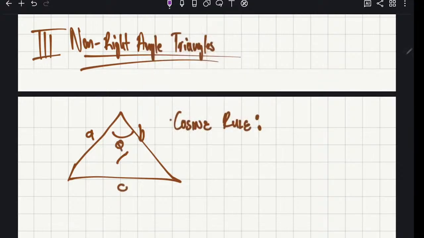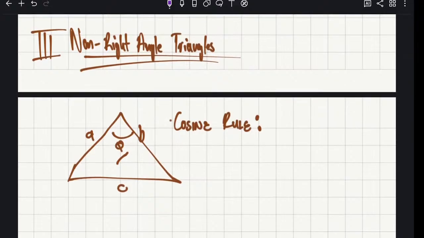To find C, you say C squared is equal to these two. So you say C squared. It will be equal to these other two, all squared, and they should be adding. A squared plus B squared.